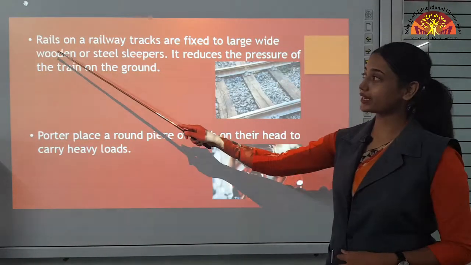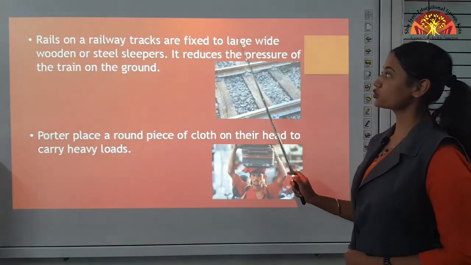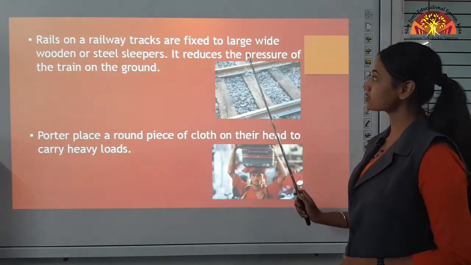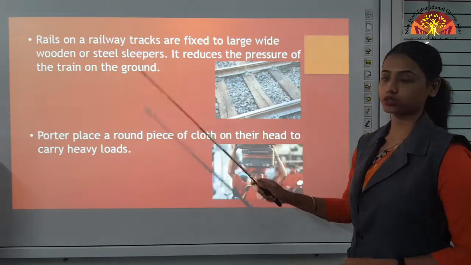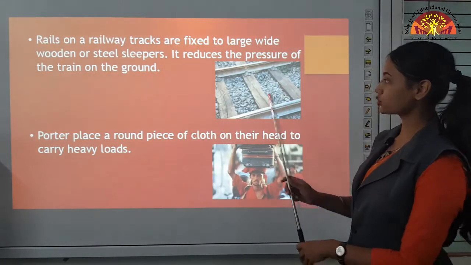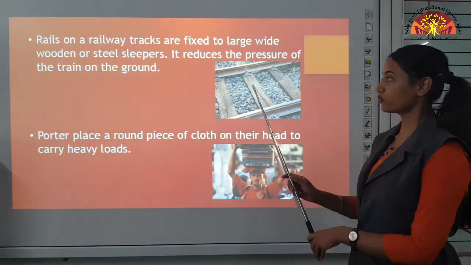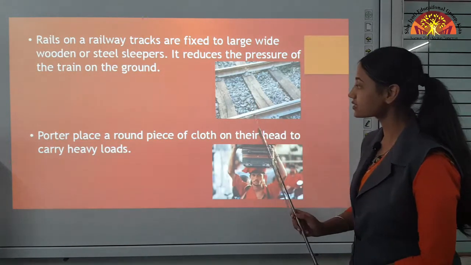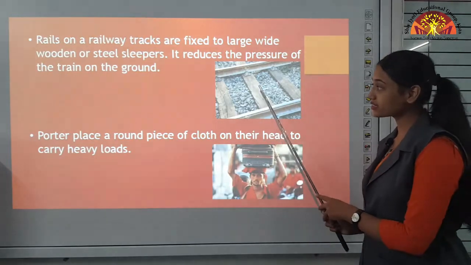The next is rails on railway tracks are fixed to large wide wooden or steel sleepers. It reduces the pressure of the train on the ground. You have seen these wooden or steel sleepers. Why do we use these beneath the railway tracks? So that it is increasing what?